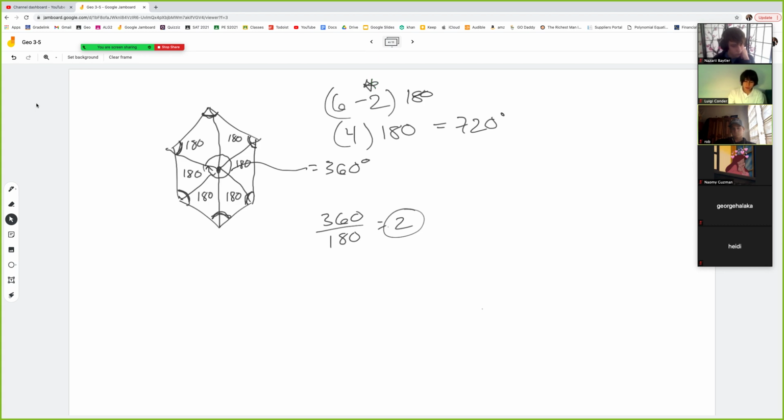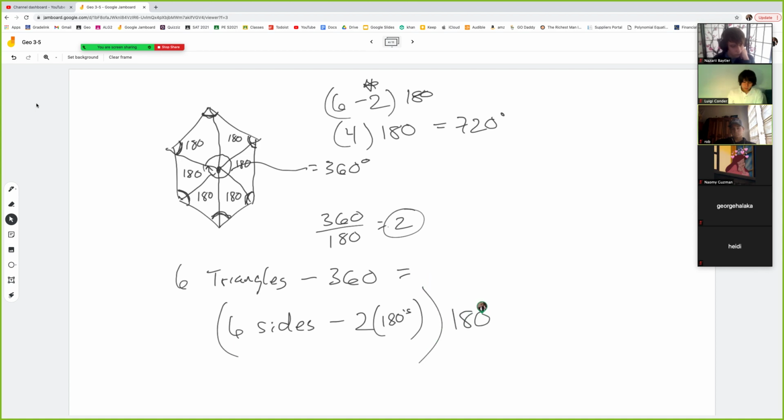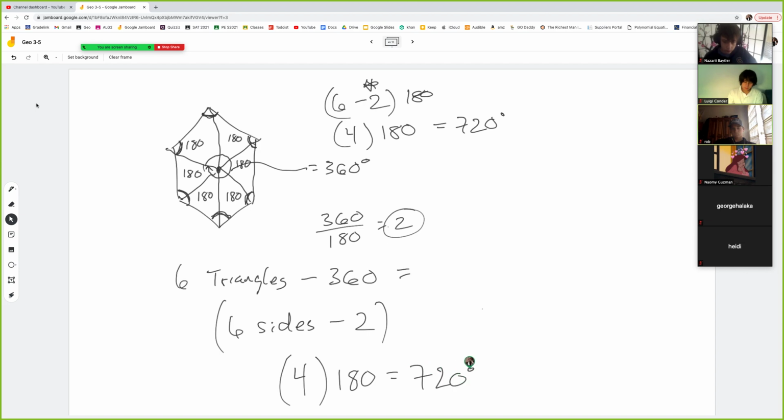So we have 6 triangles minus 360 is the same thing as 6 sides minus 2 triangles or 2 180s times 180. Right? That's basically what's happening. Okay? So we end up with 4 times 180, which is 720.